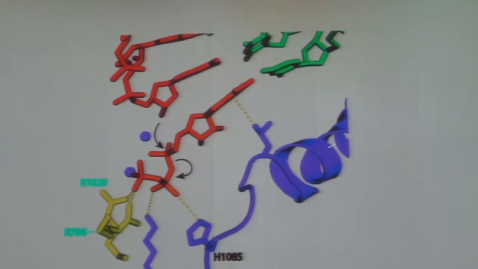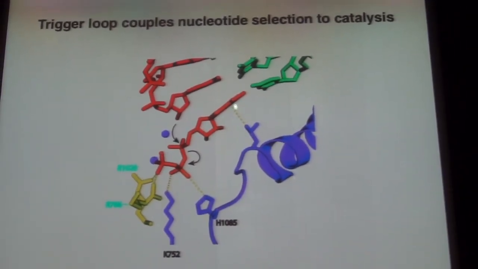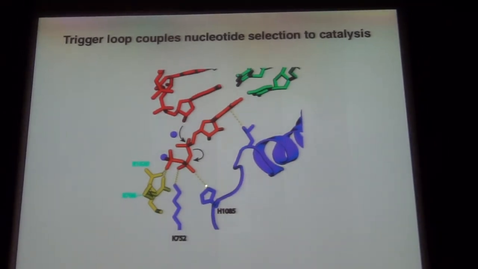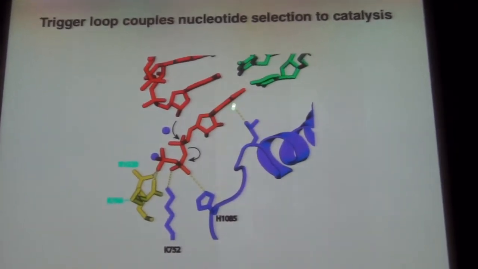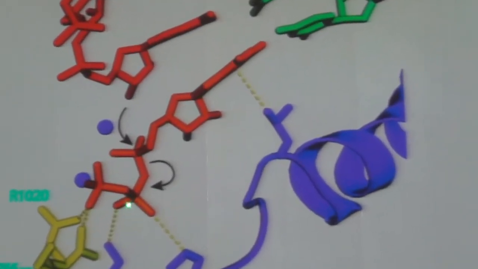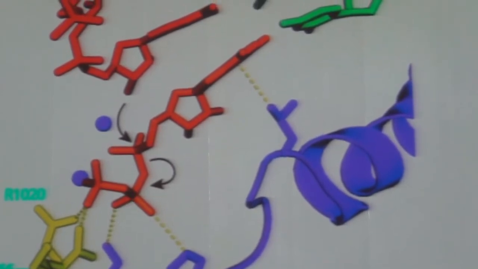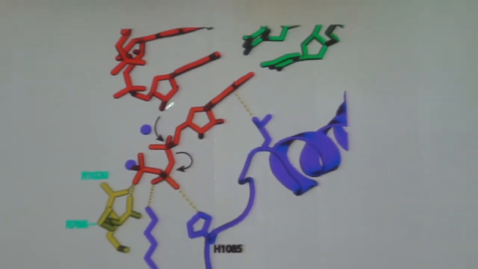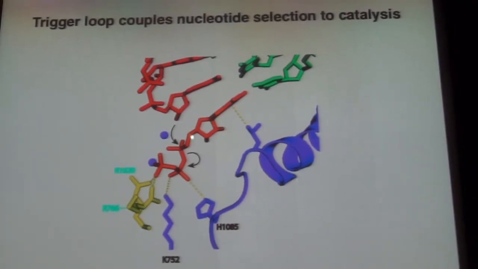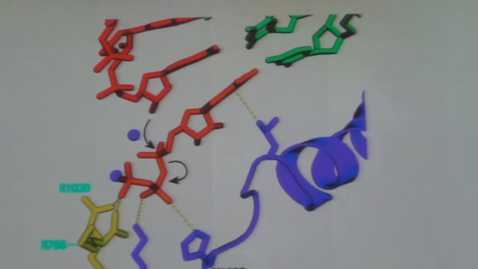So the trigger loop now is purple, this is the protein, and the dashed yellow lines indicate its interactions with the base of the entering nucleoside triphosphate, the second of the three phosphates, the so-called beta phosphate of the nucleoside triphosphate, and indirectly, not shown here, also interactions through the polymerase with the sugar moiety of the nucleoside triphosphate.